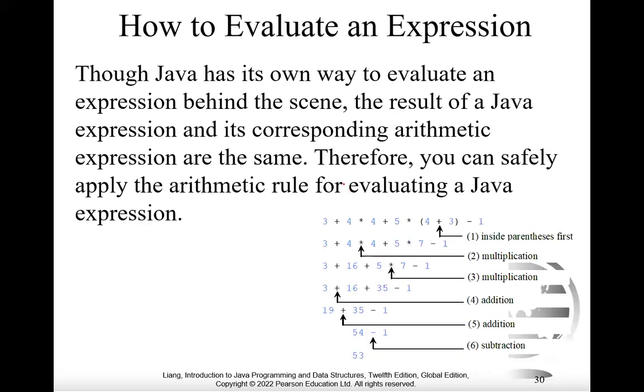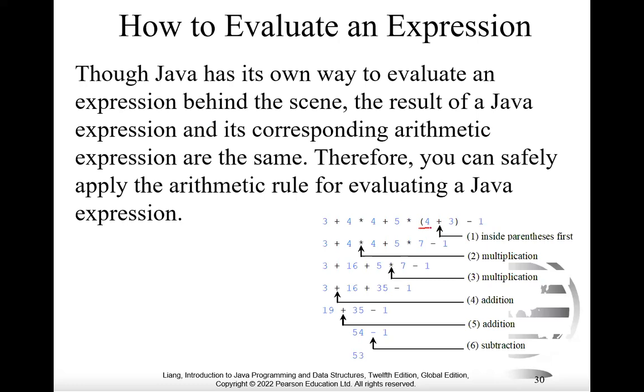Now, expression evaluation. Though Java has its own way to evaluate an expression behind the scene, the result of a Java expression and its corresponding arithmetic expression are the same. So you can safely apply the arithmetic rule for evaluating a Java expression. Evaluating a Java expression is basically like it looks visually.